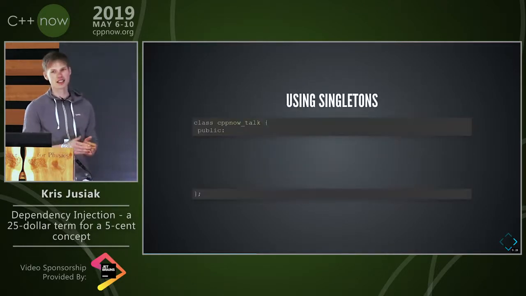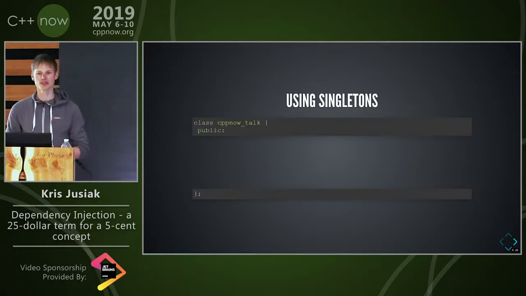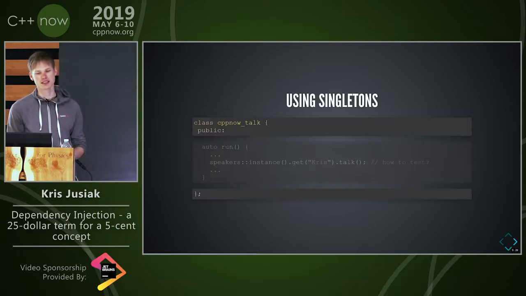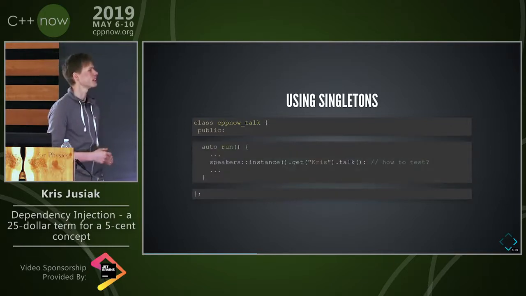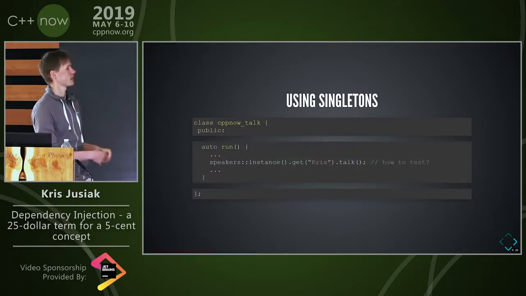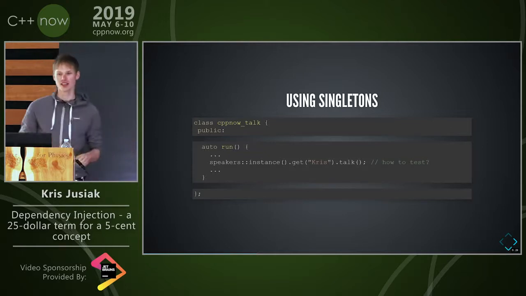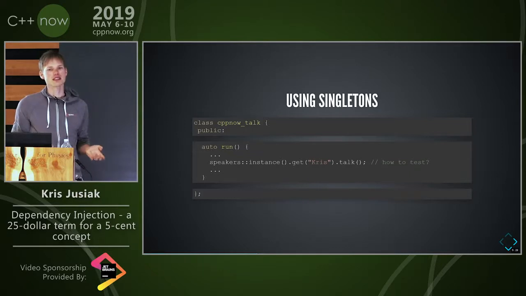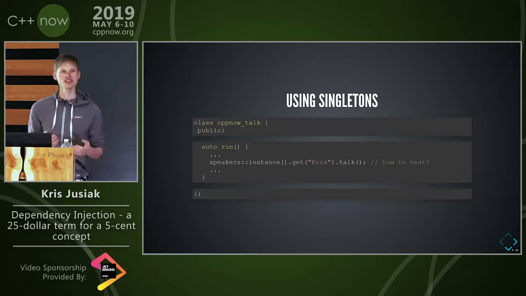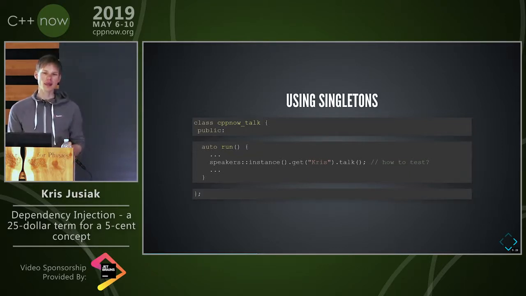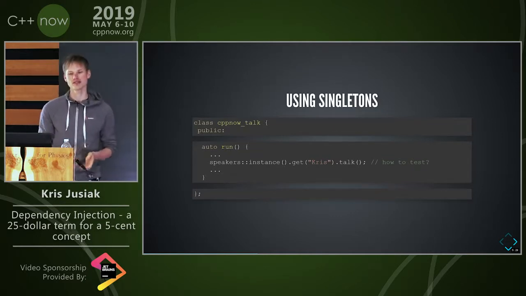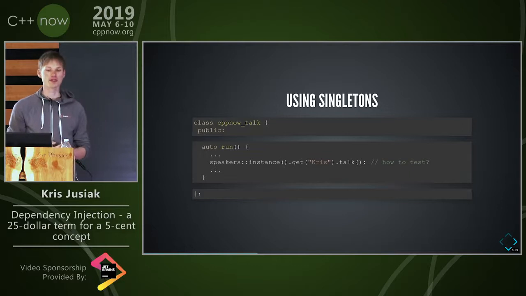Singletons, yeah, singletons are always bad. Basically, they are really difficult to test, difficult to fake. So we don't really want to see code like that, when we have something like Speaker::instance().get... and so on, in the talk. It's really difficult to test, and that's not really a good design. The only way you can use singletons is if you inject them via the constructor, because then you can fake them and deal with them somehow.